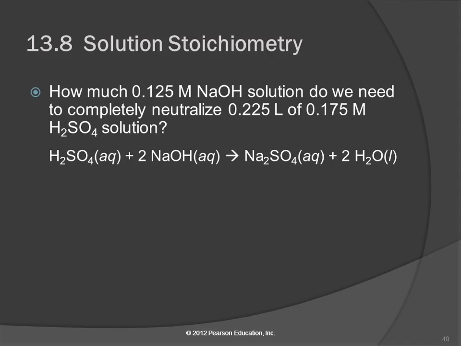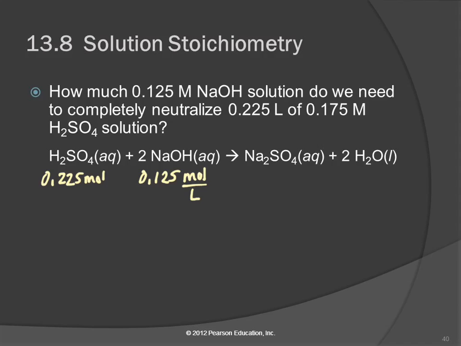So 0.125 molar sodium hydroxide, that's a concentration. I'm going to write that under the sodium hydroxide. So 0.125 moles per liter. And then it tells me the concentration of the sulfuric acid is 0.225 moles.